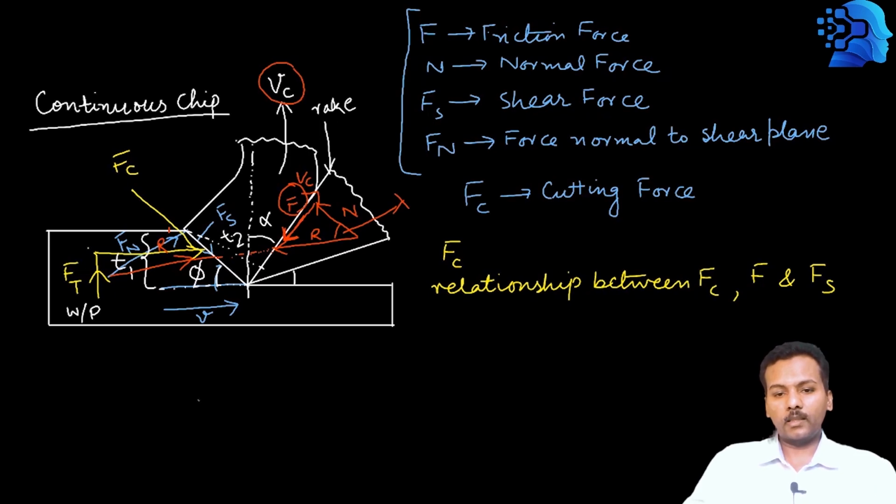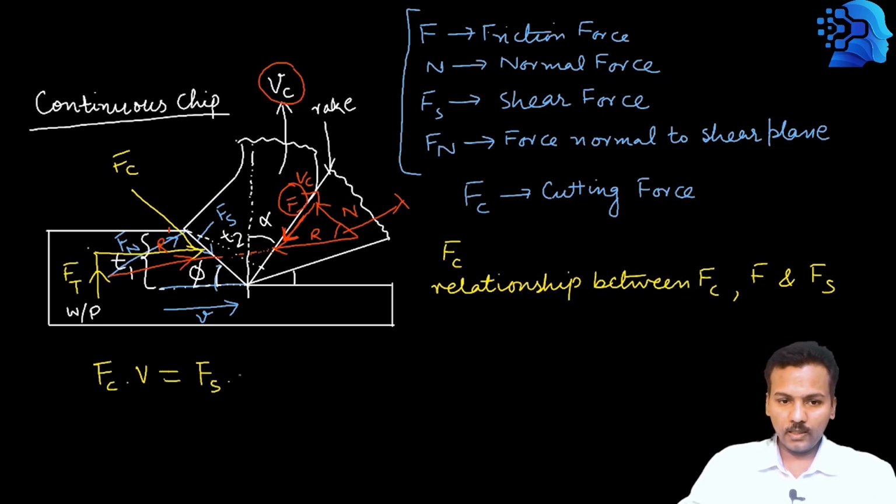This can be calculated by the concept of energy conservation, and here total work done or power consumption can be written as Fc into V. That can be written as the work done along this shear plane, where the force acting in the shear plane is Fs and the velocity in the shear plane is the shear velocity Vs, plus the work loss along this chip and tool contact surface.